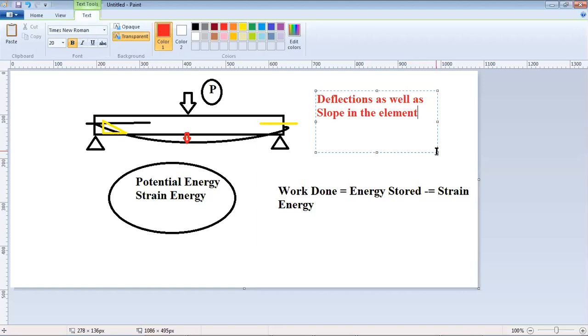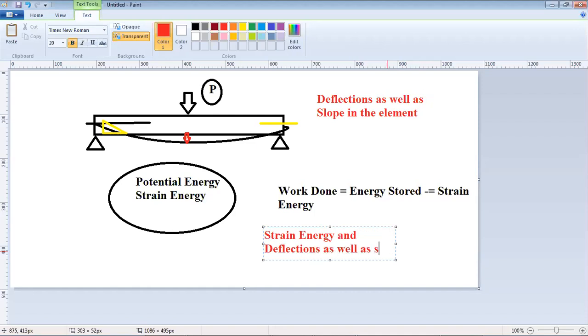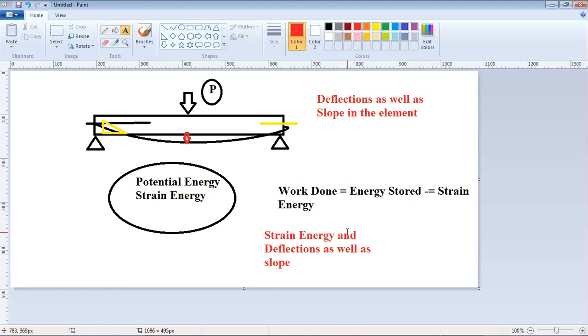So there is a relationship then between strain energy and deflections as well as slope. There is a relationship between strain energy and deflection as well as between strain energy and slope. So you can determine those relationships, and that we'll do during the course of this lecture.